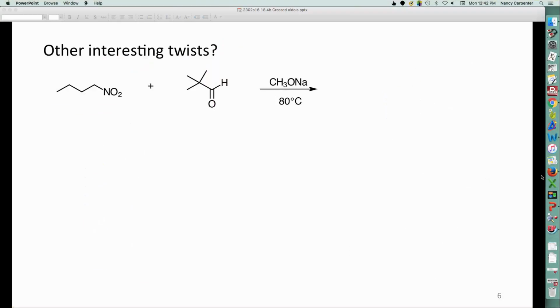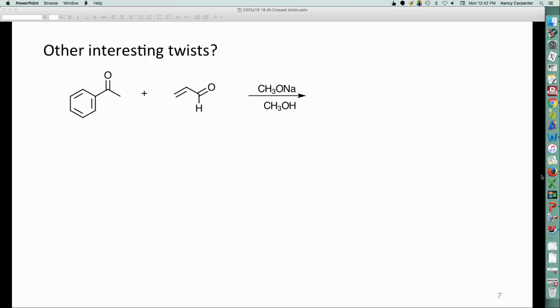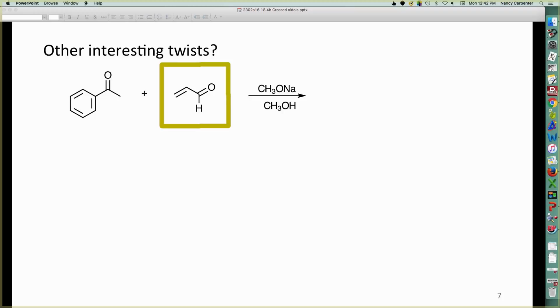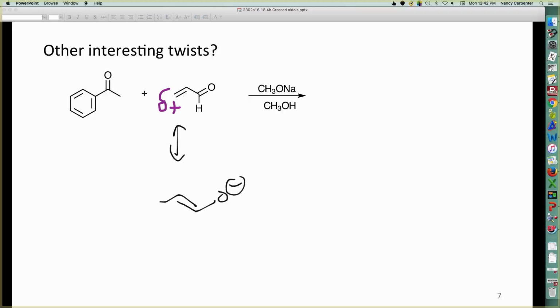How about this twist? Well, okay, I can see that there's no alpha hydrogens here, but remember what we're talking about now is an electrophile at that beta carbon. Remember the resonance contributor that shows me this guy is an electrophile.